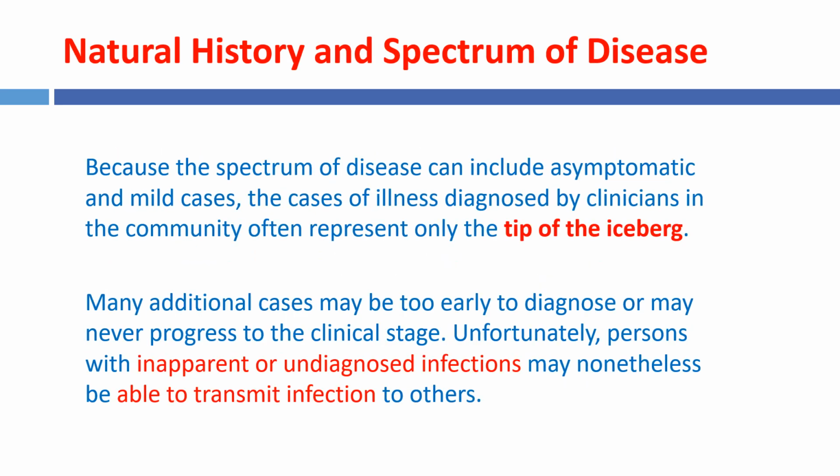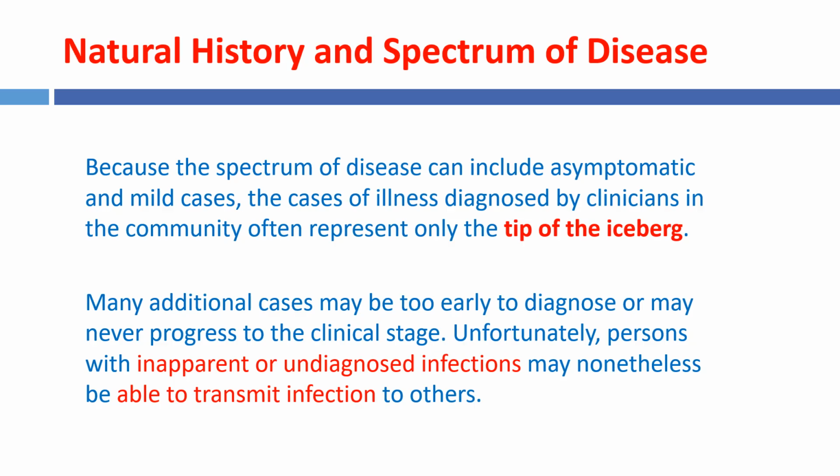Because the spectrum of disease can include asymptomatic and mild cases, the cases of illness diagnosed by clinicians in the community often present only the tip of the iceberg. This is only the portion of those who have the disease that have been presented to the health services or they sought healthcare, so we know them.